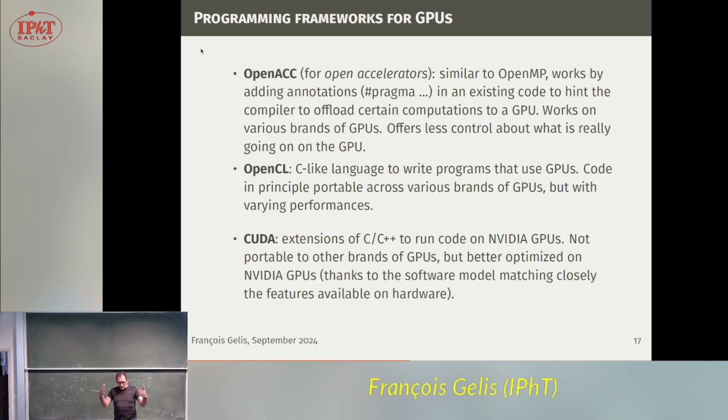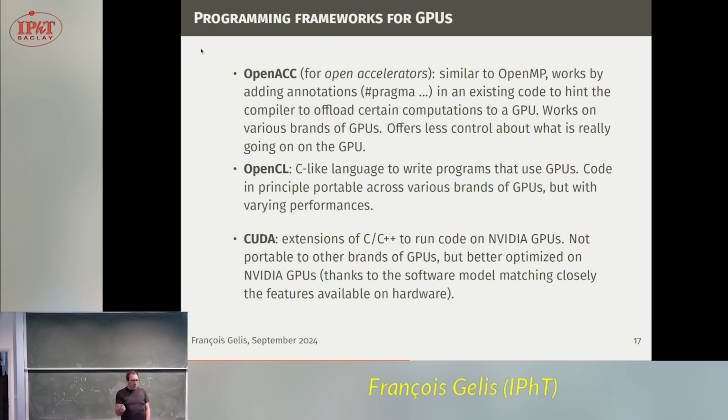You start from a sequential code that has no parallelism in it, and you identify certain sections, typically loops, that will gain from being parallelized. And you add tags before this loop to indicate to the compiler that this is a place where it will be beneficial to use what they call an accelerator, so a GPU in that case.